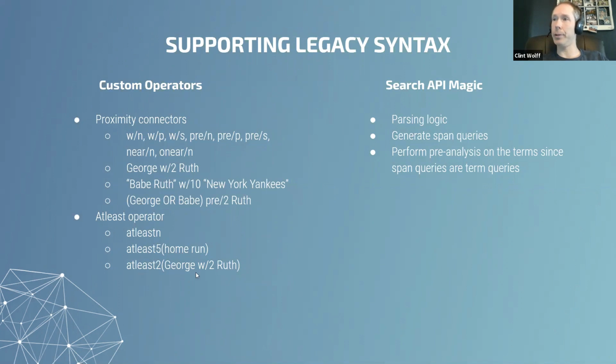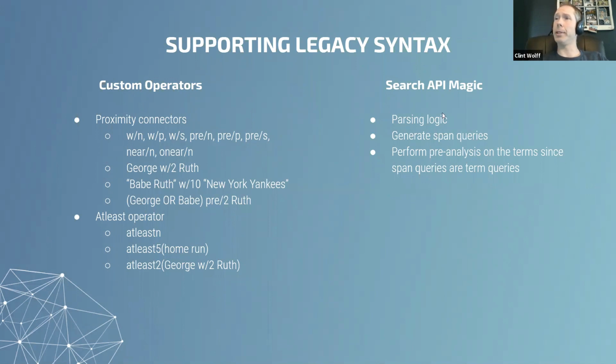At least 2, George within 2 of Ruth, right? So just showing that all these different connectors and operators can be nested. The syntax that I'm putting in here is rather simple compared to the way users are actually crafting their queries. So dealing with a pretty high degree of complexity with the nested proximity connectors.